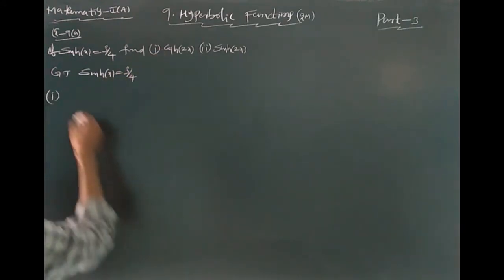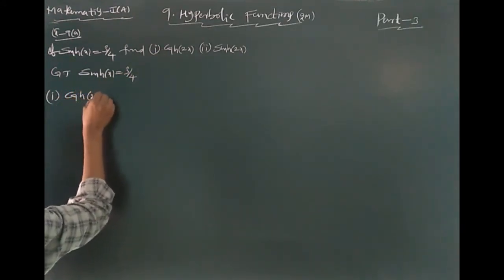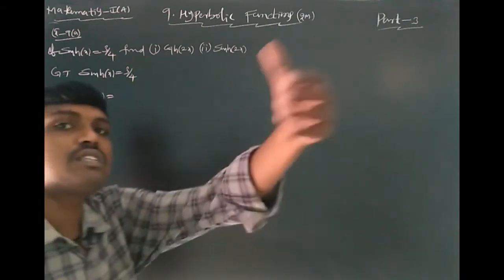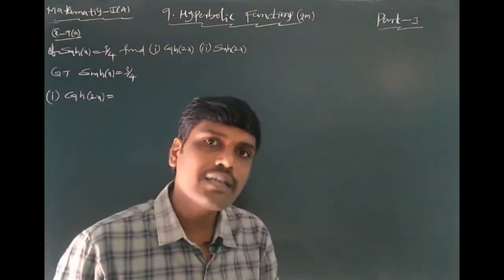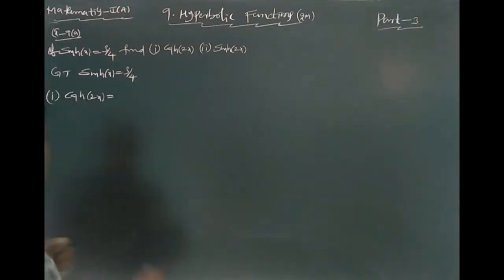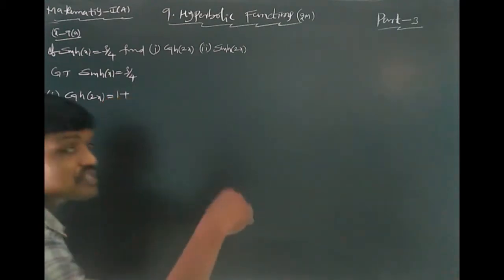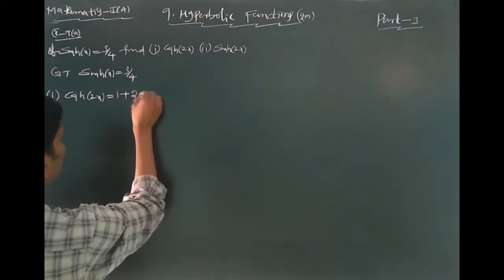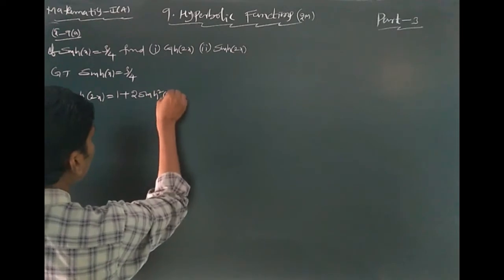Cosh 2x. Is there a formula for cosh 2x in terms of sinh? What is the formula of cosh 2x in terms of sinh? It is 1 plus 2 sinh square x.